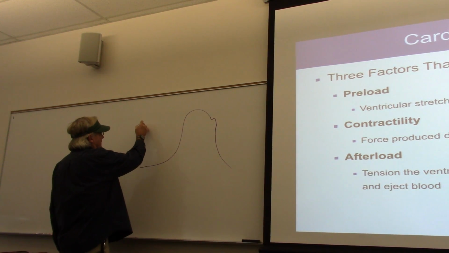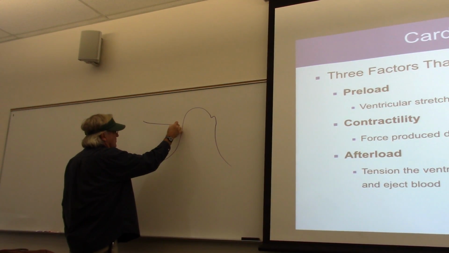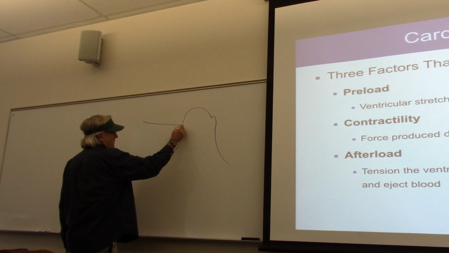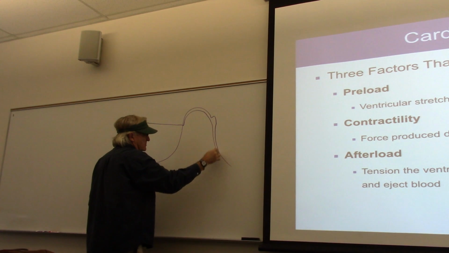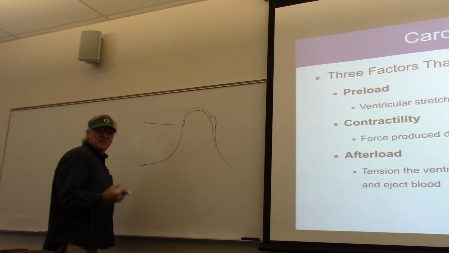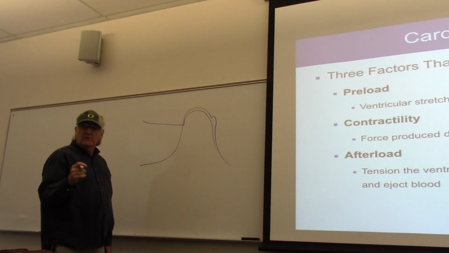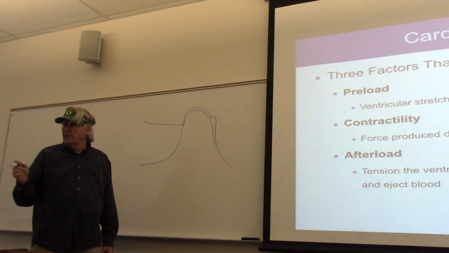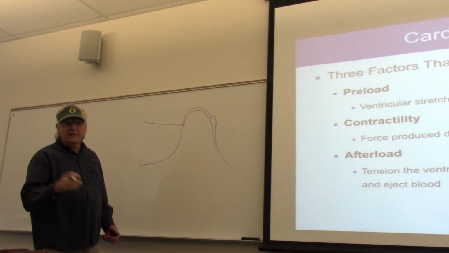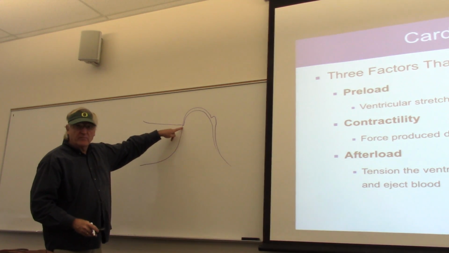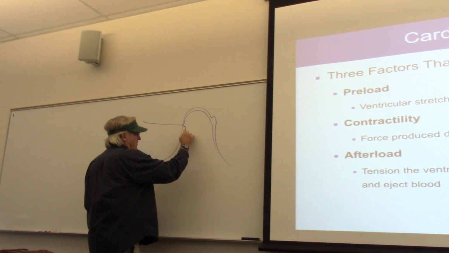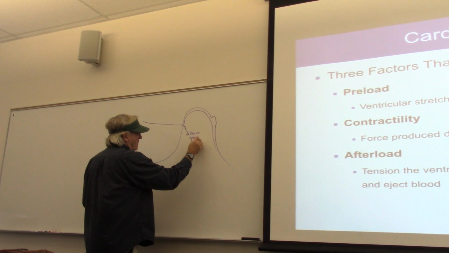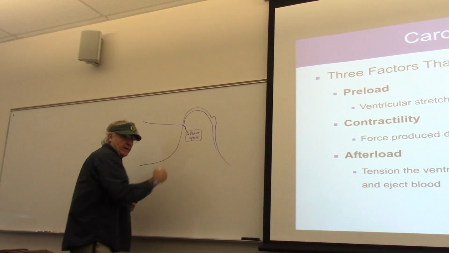And you noticed out here there was that black line came in this way, and they crossed at this point right here, and then this goes up and comes back down, right? So what is afterload? Well, afterload is your diastolic pressure. Basically, it's the pressure necessary to open this valve right here. Okay, this is where your aortic valve opens. At this point, right there.